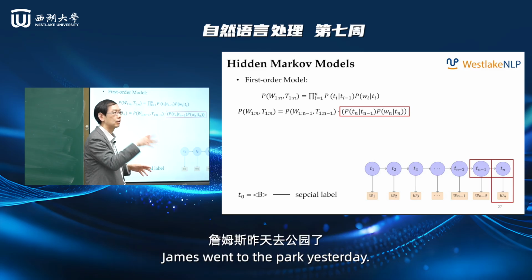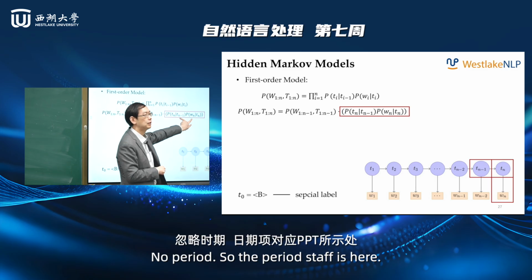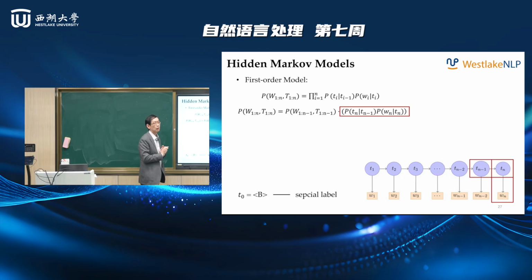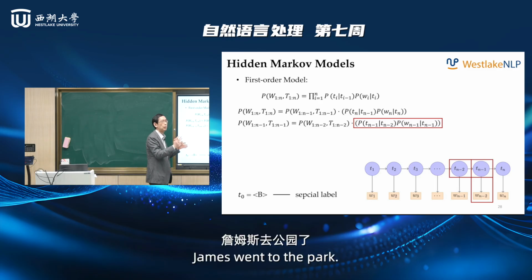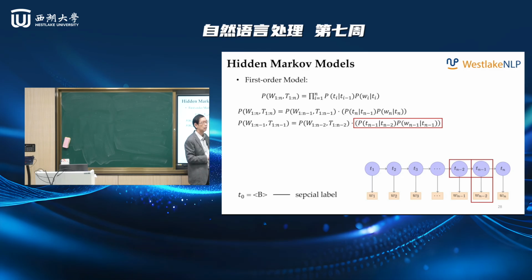James went to the park yesterday, no period. So the period stuff is here, emission and transition. And we can do that again, incrementally: James went to the park, no yesterday. Yesterday is here, emission, transition.